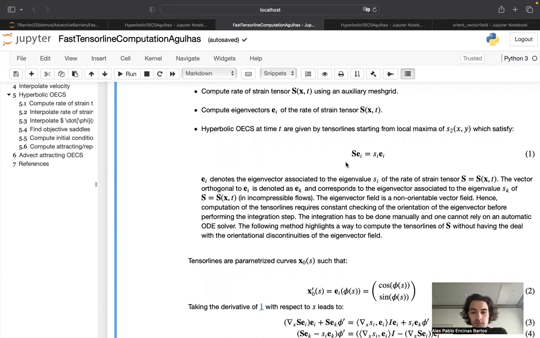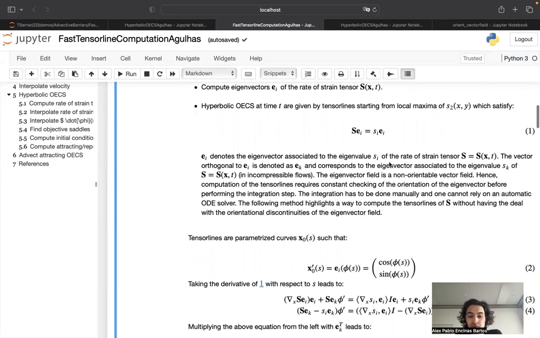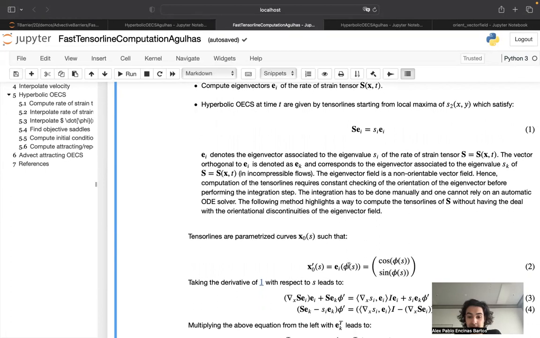Okay. So conceptually you set up this eigenvalue problem, which is simply a standard eigenvalue problem, and you parameterize the tensor lines. You say that the tensor lines are parameterized curves which are tangent to the respective eigenvector, e_i.